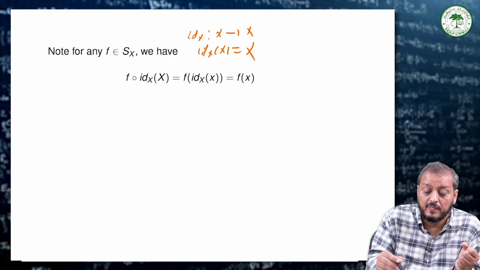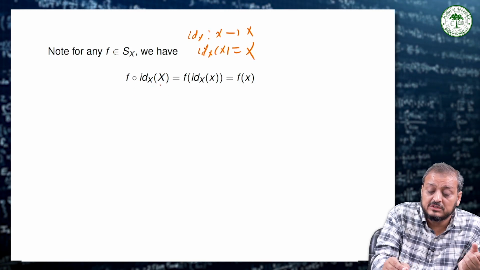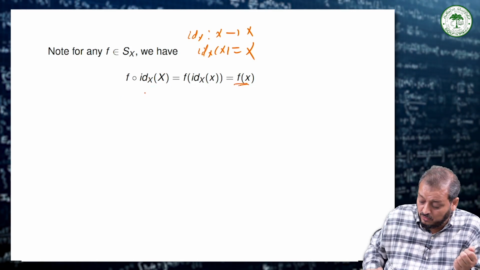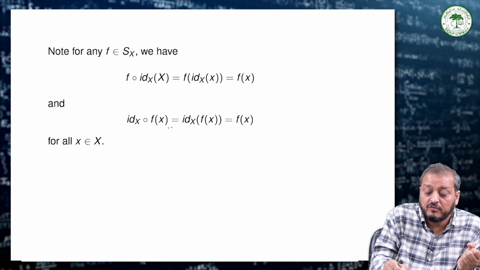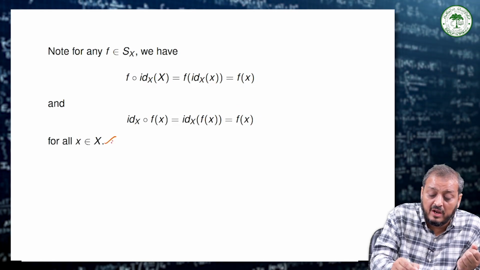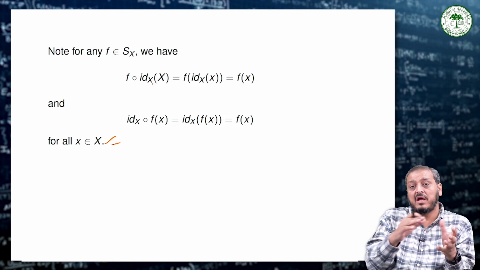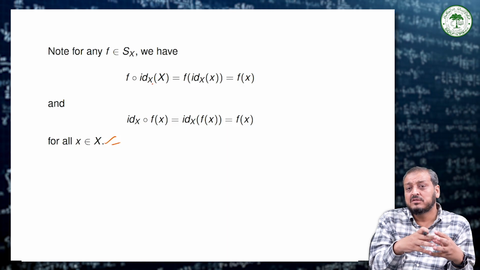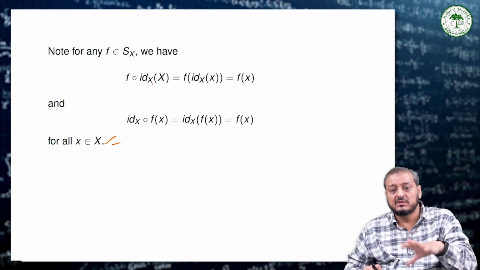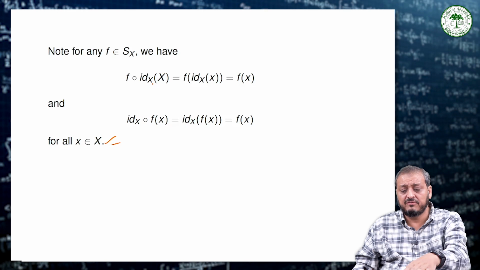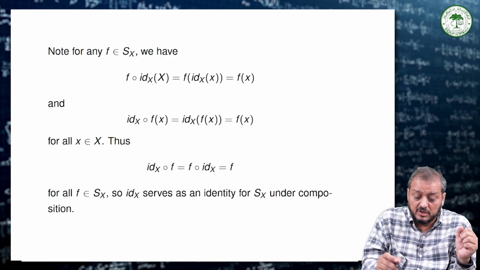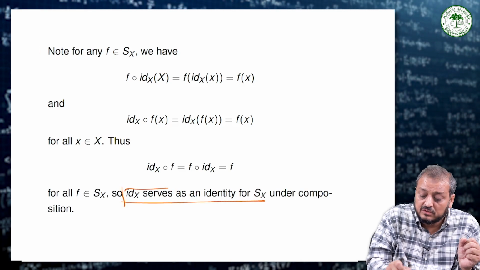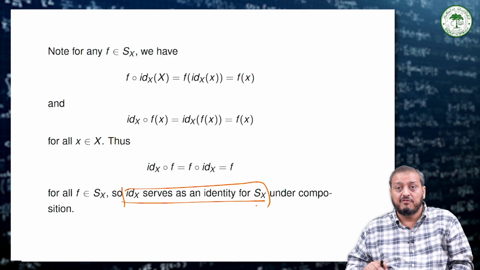So f composition identity, f of identity of x, is clearly equal to f of x. Then for the second one, identity of f of x is equal to f of x. So for all x, for any bijective function f, the composition with the identity function gives f of x. So this means the identity on X works as the identity for Sx, under the composition of functions.